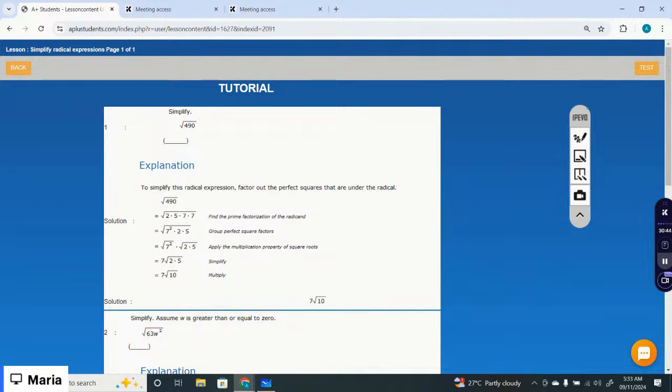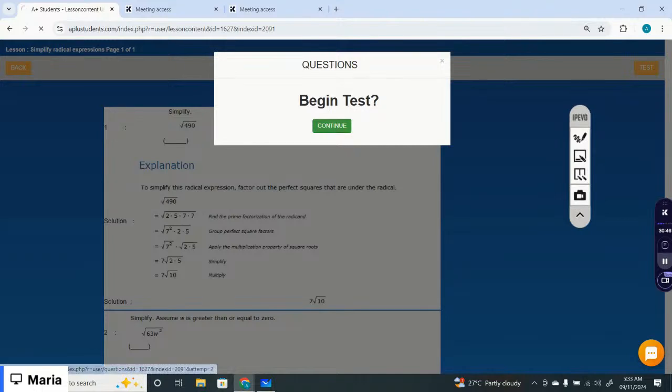That is 7 square root 10. Let's just start with the test questions.